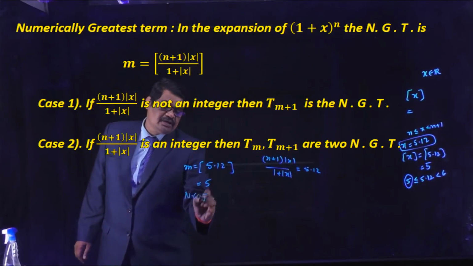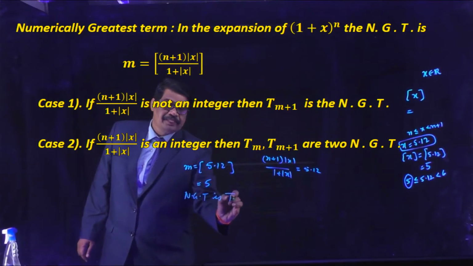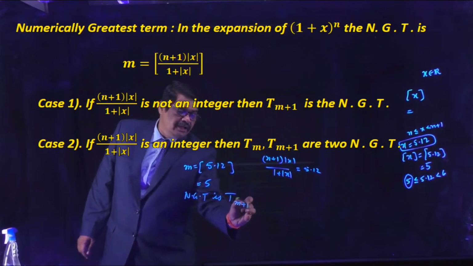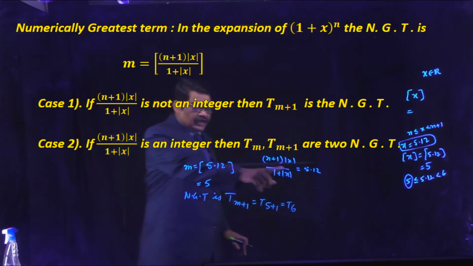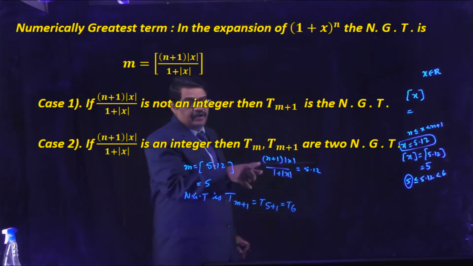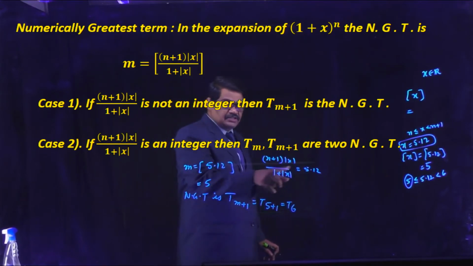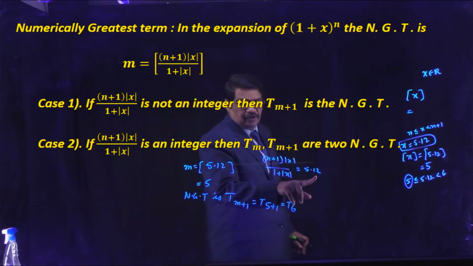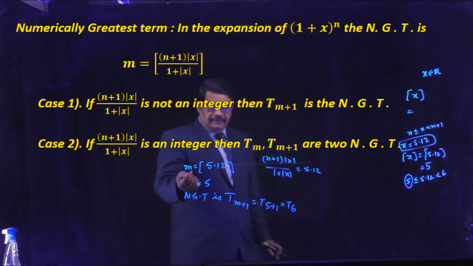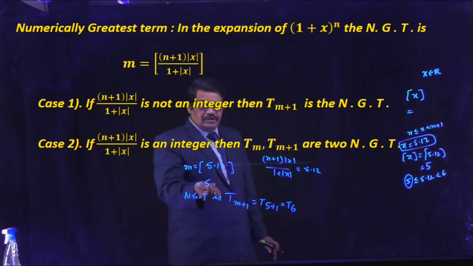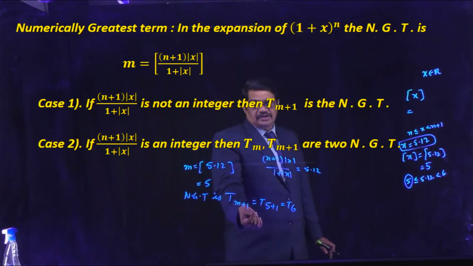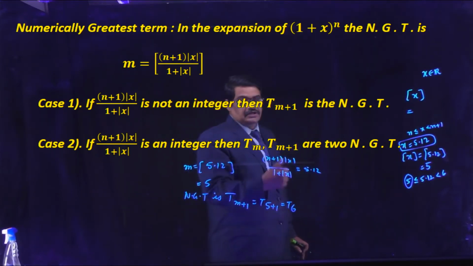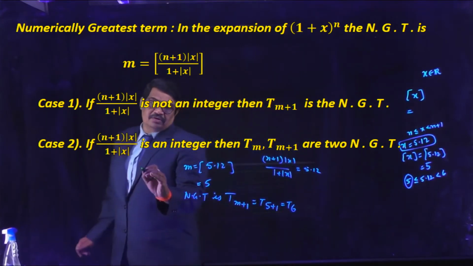Since it is not an integer, it is t_{m+1}, that is t_{5+1}, that is t_6. Only one numerically greatest term, t_6. So this is case 1.